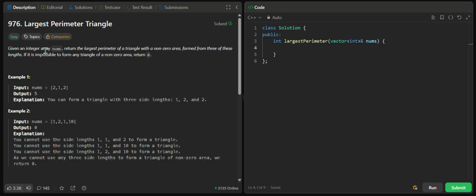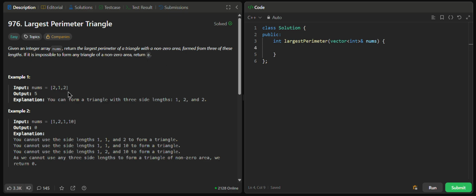So, given an integer array nums, return the largest perimeter of a triangle with a non-zero area formed from three of these lengths. If it is impossible to form any triangle of non-zero area, then we have to return 0.